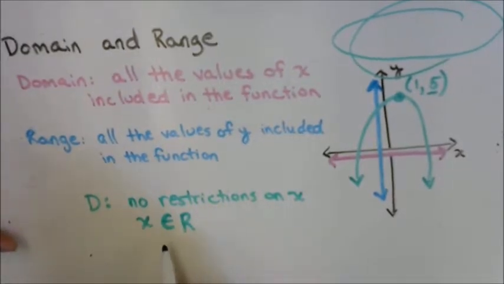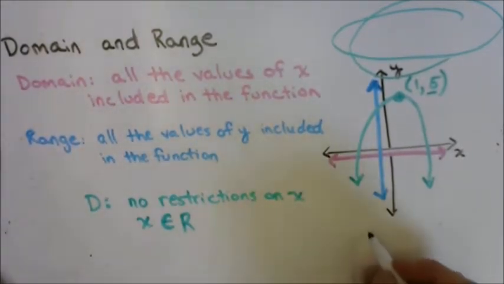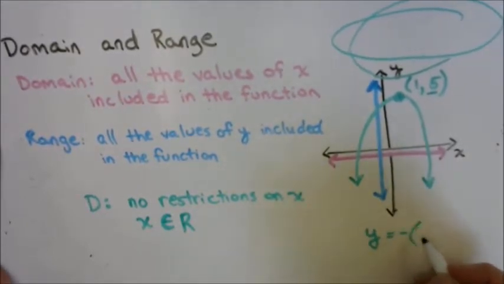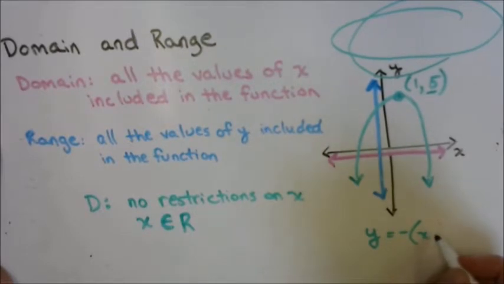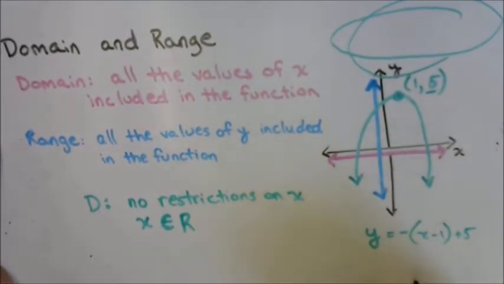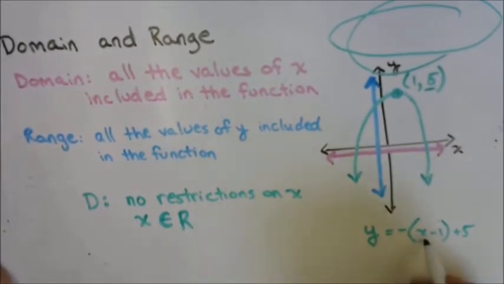It means belongs to. x belongs to the set of real numbers. That means any number in the whole world could be x. Okay? So that means if this function was y equals negative (x minus 1) squared plus 5, I could put any value in there for x and I would still get a y.